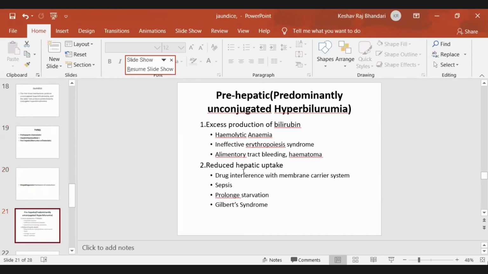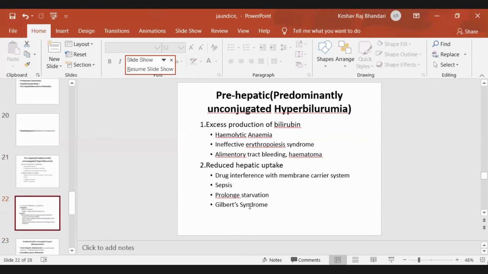So hyperbilirubinemia occurs with drug interference with the membrane carrier system, so that bilirubin does not enter the hepatic cell. Sepsis and prolonged starvation will do the same thing. And Gilbert syndrome, we don't actually know, but that also is reduced uptake of bilirubin from the plasma to the liver cell. The defect is there.